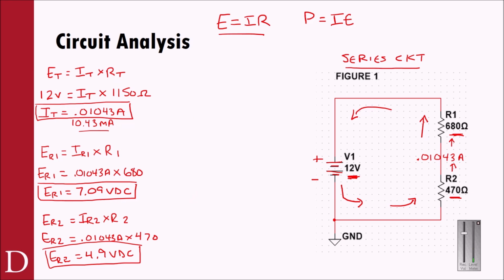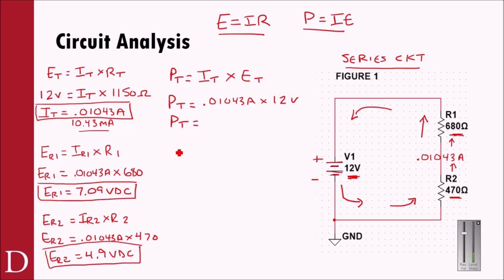The only thing we'd have left to do is if we wanted to calculate power. And again, we could calculate total power, or we could calculate the power of an individual component. I'll do total power first. So the total power is going to be the total current times the total voltage. So the total current is 0.01043 amps times the total voltage, which is 12 volts.